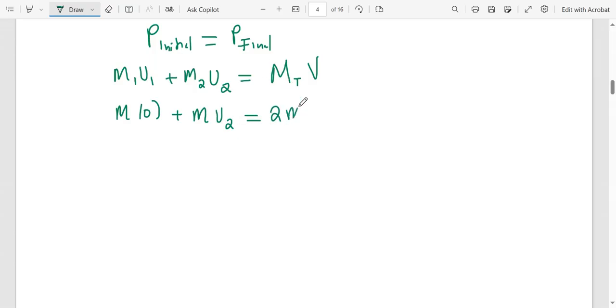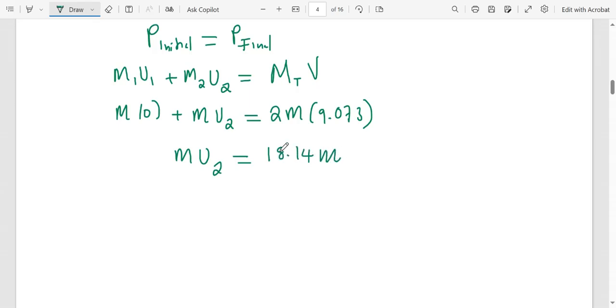And then the velocity, we have just from calculating that velocity at which they were having just at the point of impact, and we calculated 9.073. So this will give us m times 0 is 0, so this will just be m u2 is equal to, so we'll multiply 2 times 9.07, so that is going to give us 18.14 m.